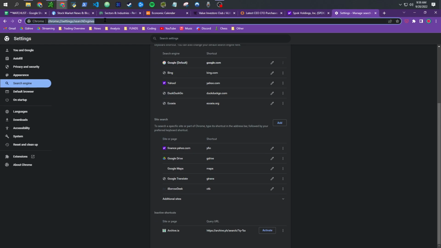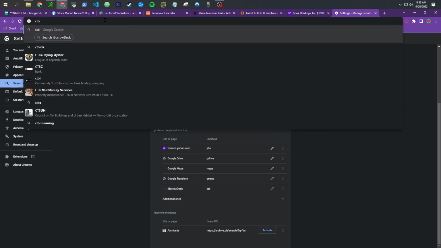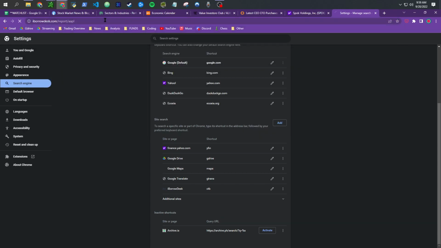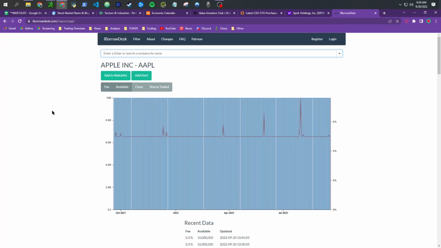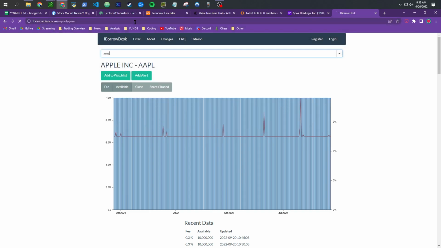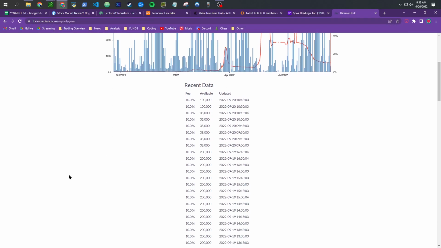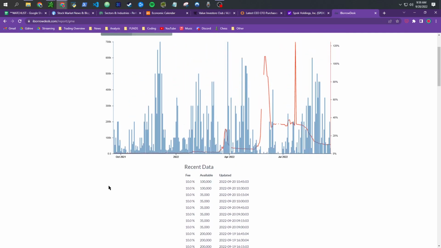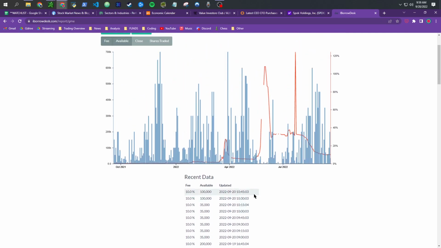And then I have all this, Google Maps, cost to borrow. I'll look at stocks that are being heavily shorted, or I'll just look to see what the short rate is on a stock, or I'll use my shortcut, CTB, spacebar, GME. Oh wow, short fee is 10% as of today.